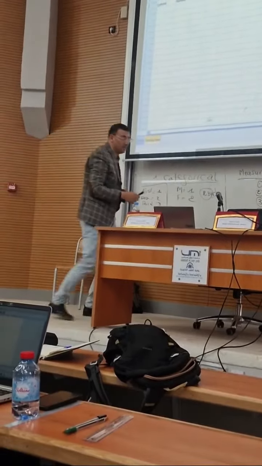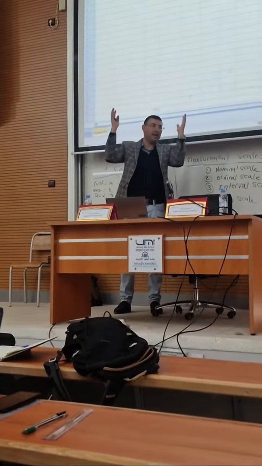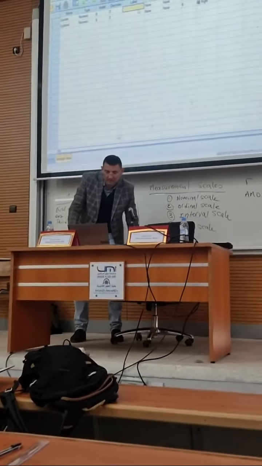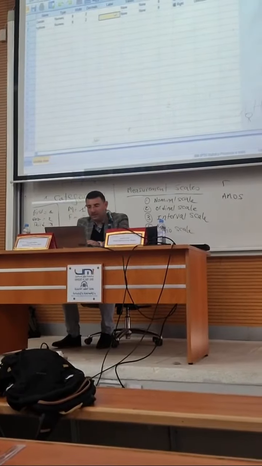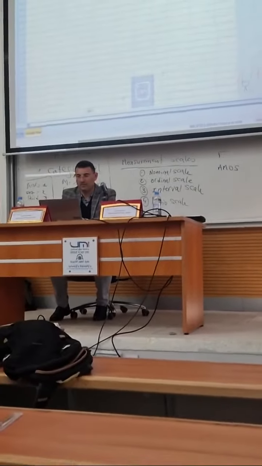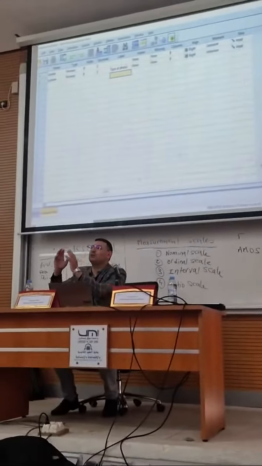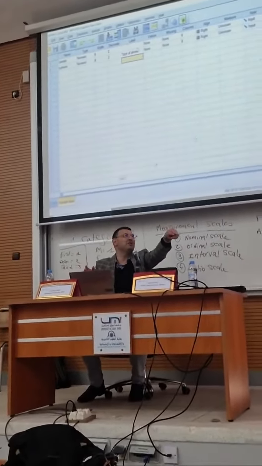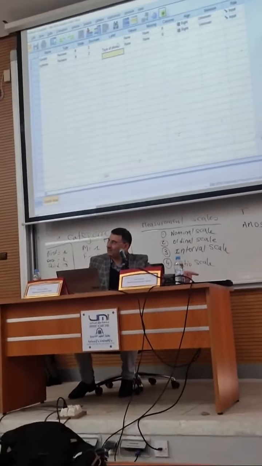But here we have the opportunity to write the variable in its full name. For example, look at this, type of phone. It's like you are giving a code to the computer, and you are reminding yourself and the computer that this code refers to this variable.